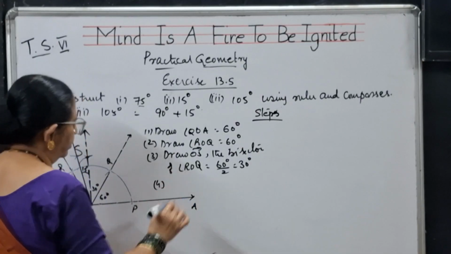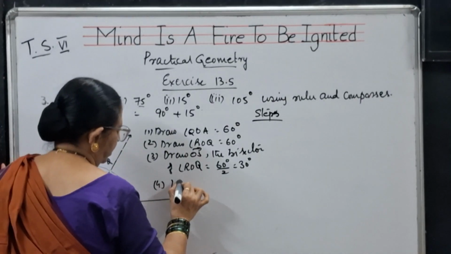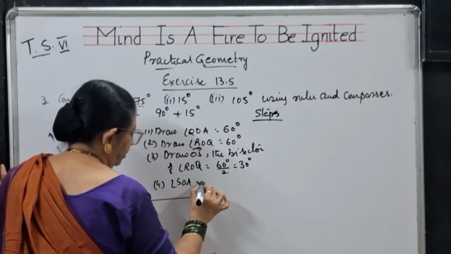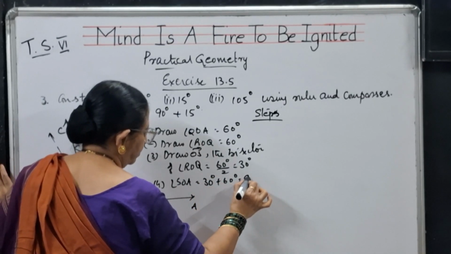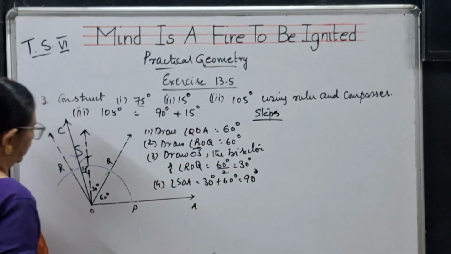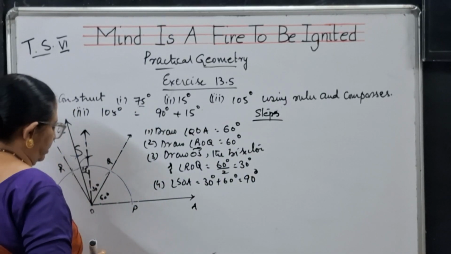So how much are you getting? Angle SOA is equal to 30 degrees plus 60 degrees is equal to 90 degrees. Angle SOA is equal to 90 degrees.